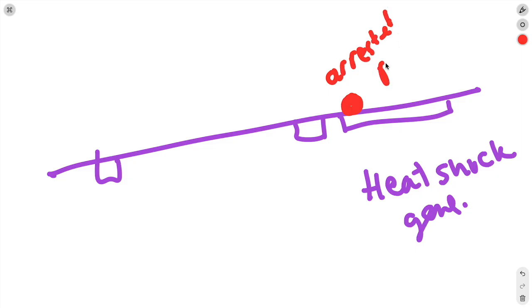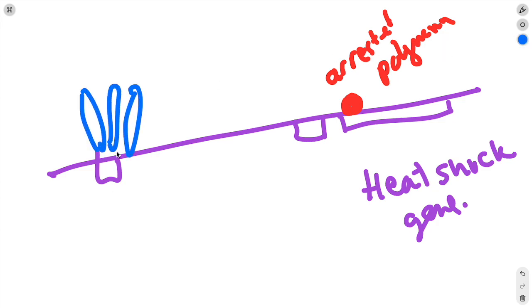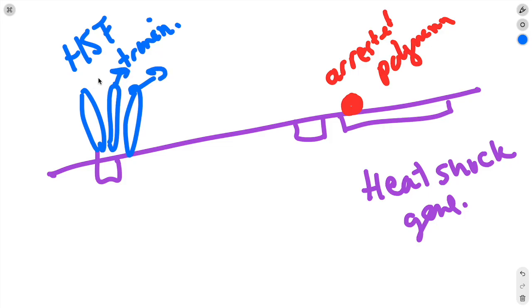We learned about that. And then it's got this heat shock trimer bound here, activating gene expression. And somehow that DNA is bending over and the transactivation domain of HSF is making contact with the arrested polymerase and making it go.